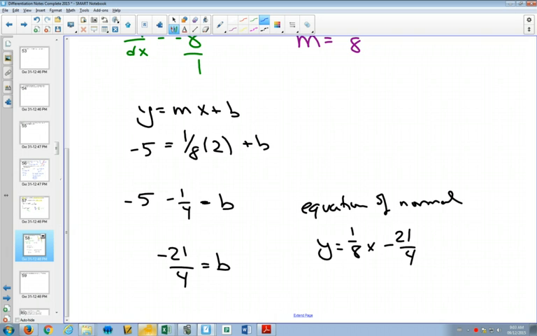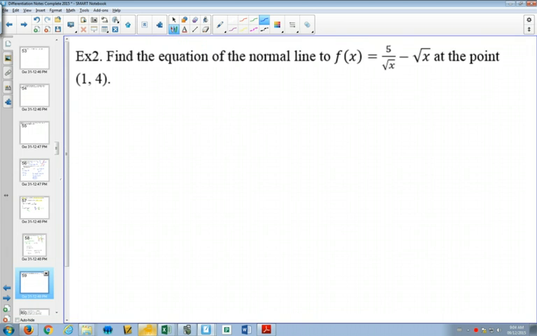Example 2 here. Everybody ready? A little bit more involved because the derivative is a little bit more involved. Also graphing it. That first one, I knew it was a cubic, I knew it was negative, so I could draw a picture. This one, I look at it, and there is no graph that pops into my head.